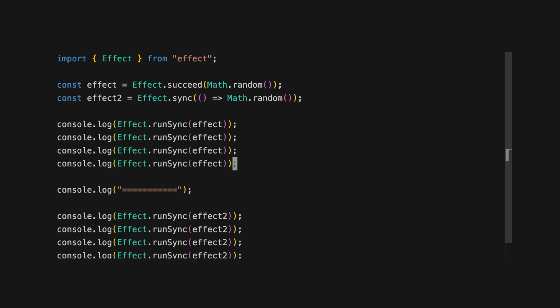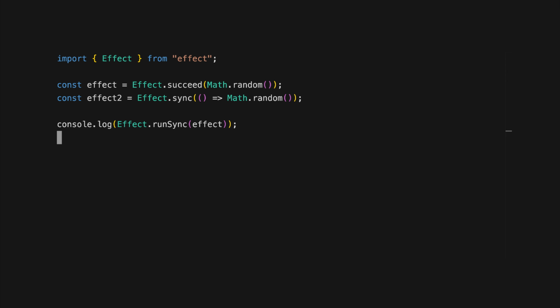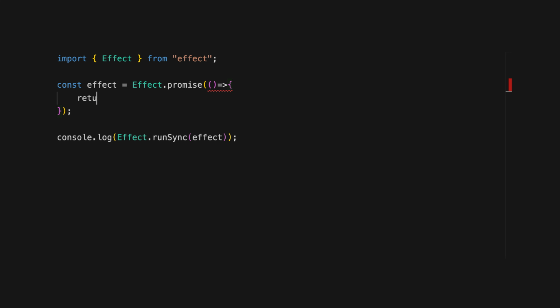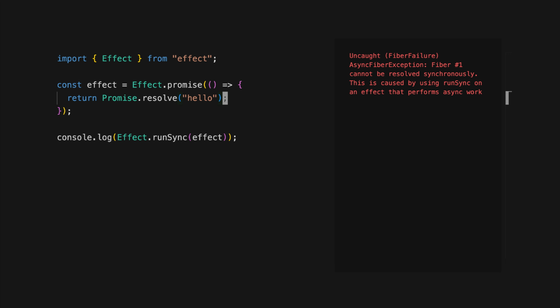So far, we've dealt with synchronous operations. Now let's create an effect for an asynchronous computation and see how it behaves. To create an effect that holds an asynchronous operation in it, we need to use effect.promise and pass in an asynchronous function to it. But when executing this effect, we get an error that says this cannot be resolved synchronously. An effect is sync or async agnostic.